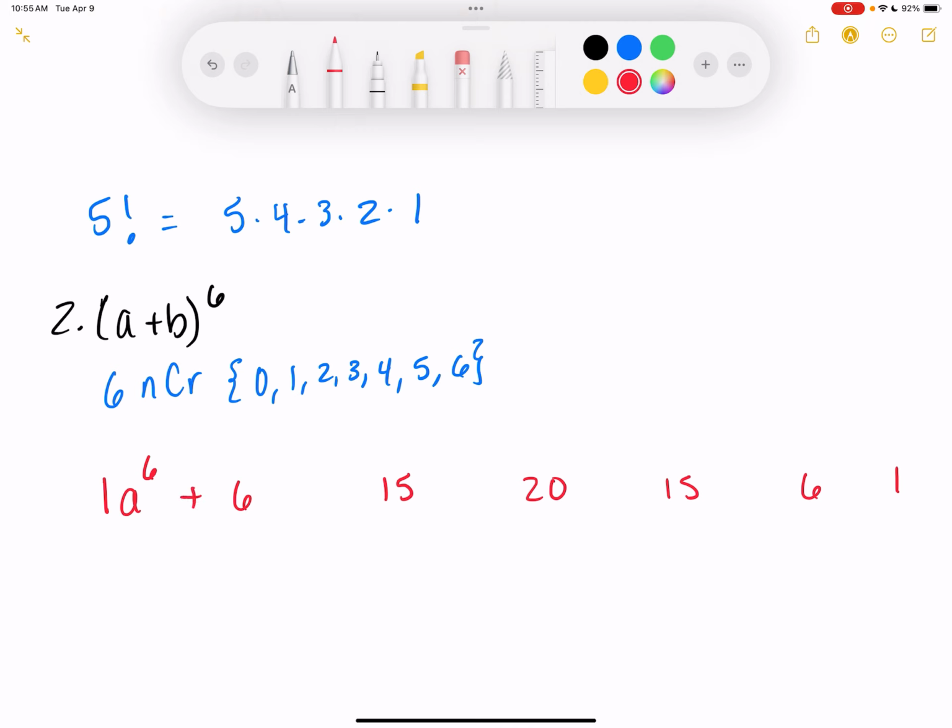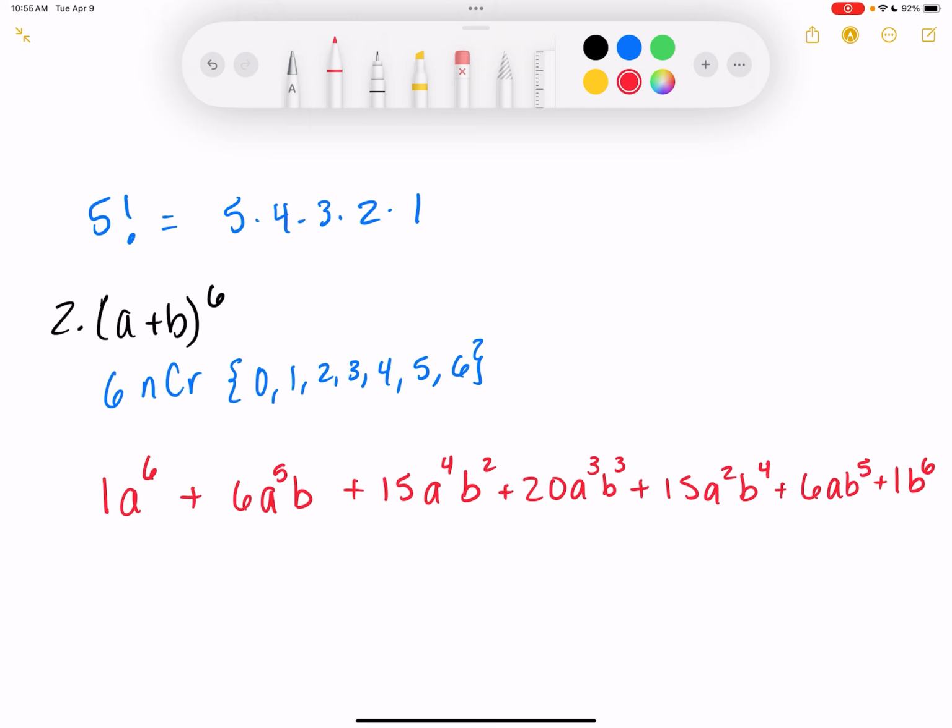Plus 6, A to the 5th, B to the 1, so just B. Then 15, A to the 4th, B squared, plus 20, A cubed, B cubed, plus 15, A squared, B to the 4th, plus 6, A, B to the 5th, plus 1, B to the 6th.